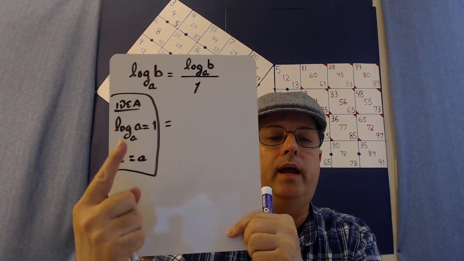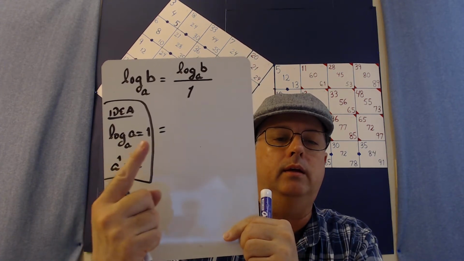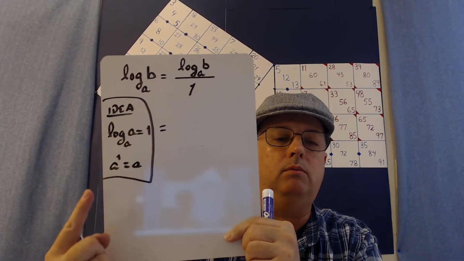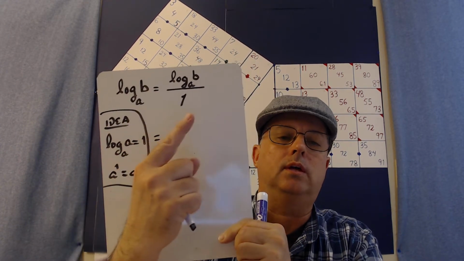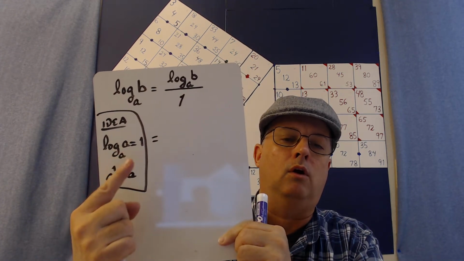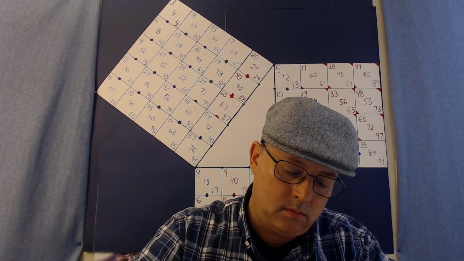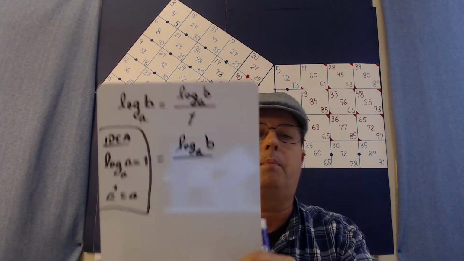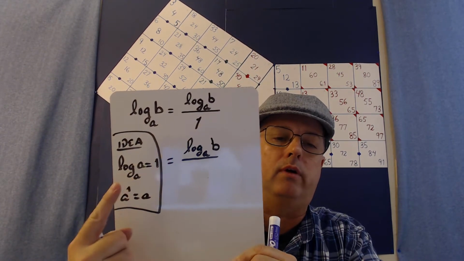And that's because what power of a gives you a? Well, that's the first power of a that gives you a. And so instead of writing 1, I'm going to write log base a of a. So we have log base a of b here, just as we had before, and then instead of 1, we're going to write the log base a of a.